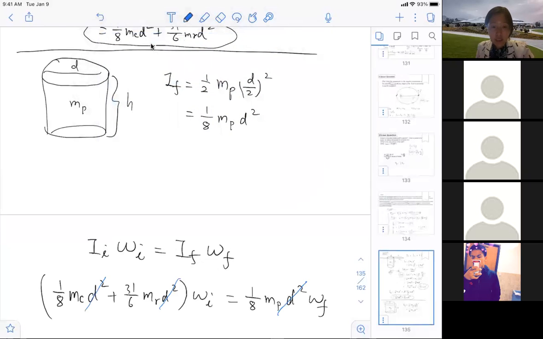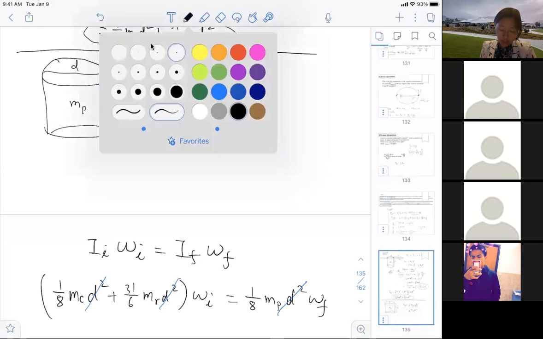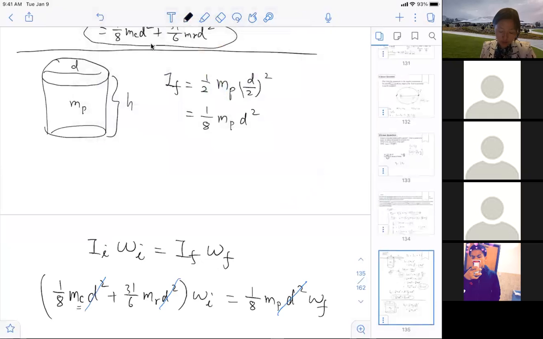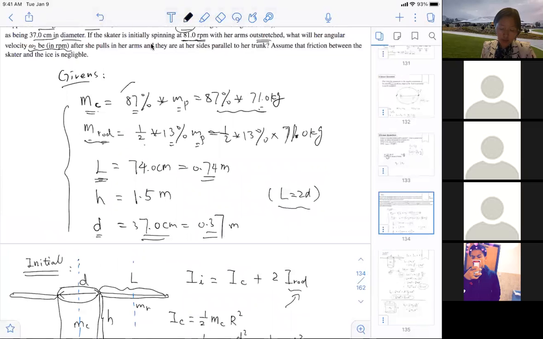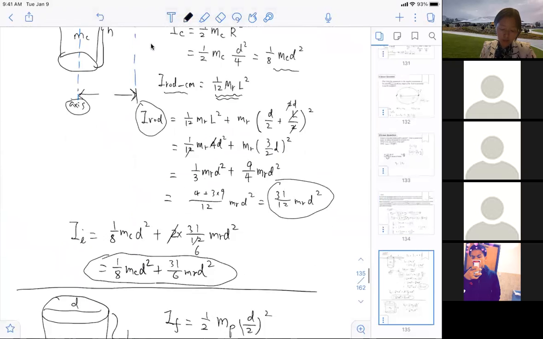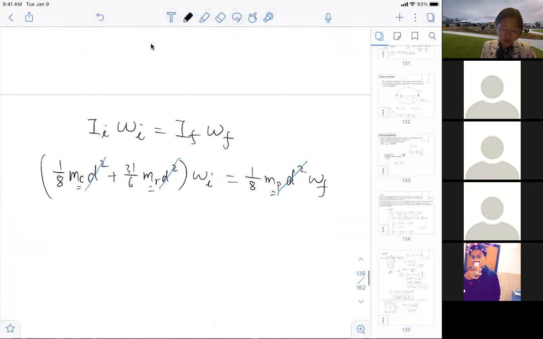Would it be nice if we can cancel some mass as well? So you can plug in these individual masses at this point if you like, or you can see, well, actually, all of these masses are related to the mass of the person. So why don't I replace them with the corresponding percentages? So mass of your cylinder, that's your head and trunk and your legs, is 87% mass of the person.